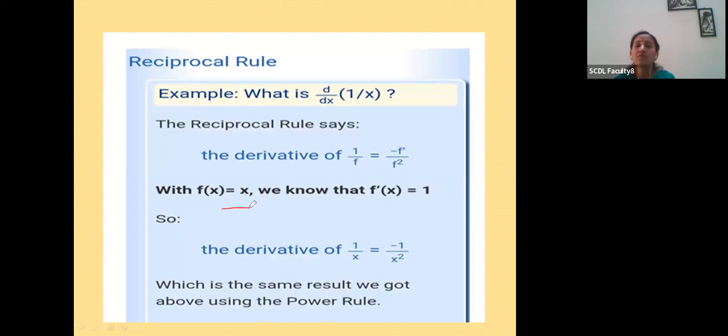Now f of x is equal to x, so f dash of x is equal to 1. So the derivative of 1 upon x is nothing but minus 1 upon x square.